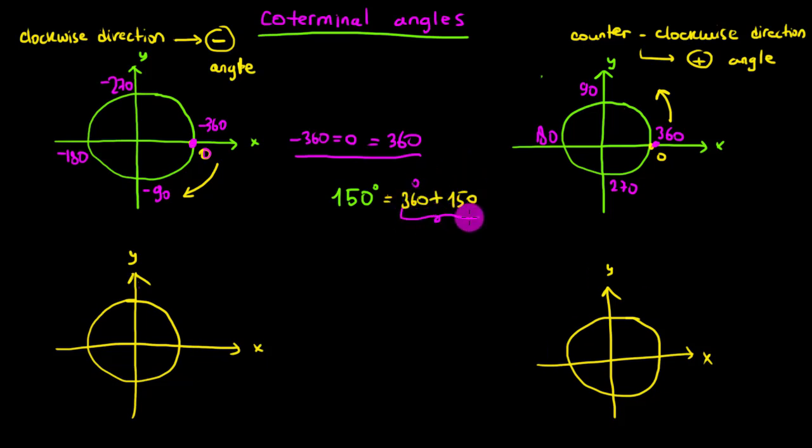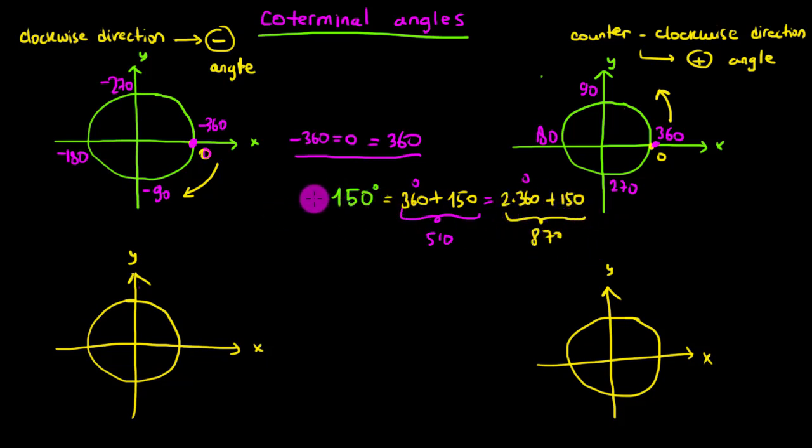So even though this whole angle is 510, it is equal to 150. We can continue: with two 360s plus 150, this is 870. This is also equal because 2 times 0 is 0, so 0 plus 150 is 150. This 360 doesn't make any change.